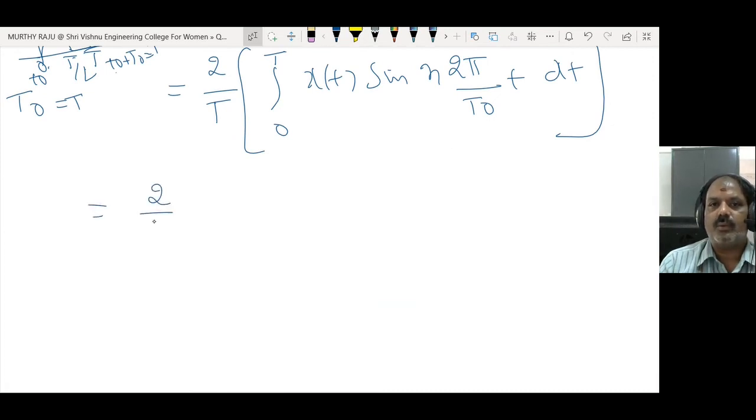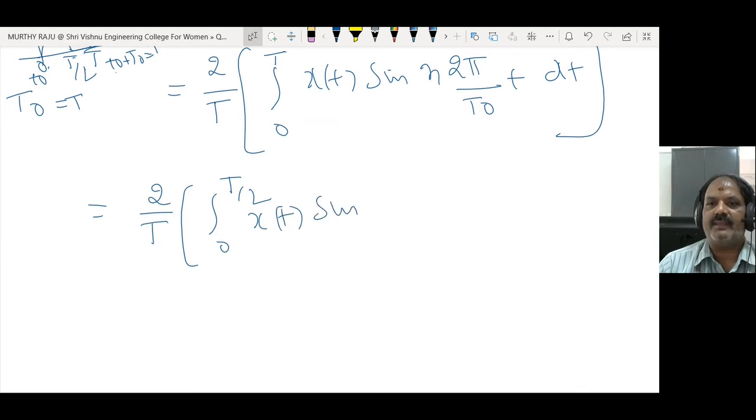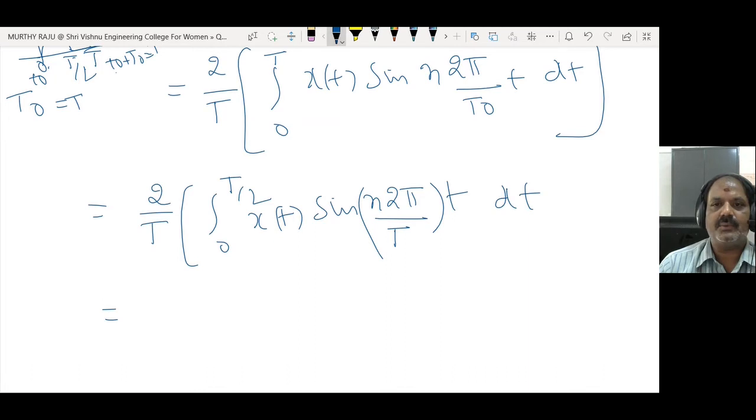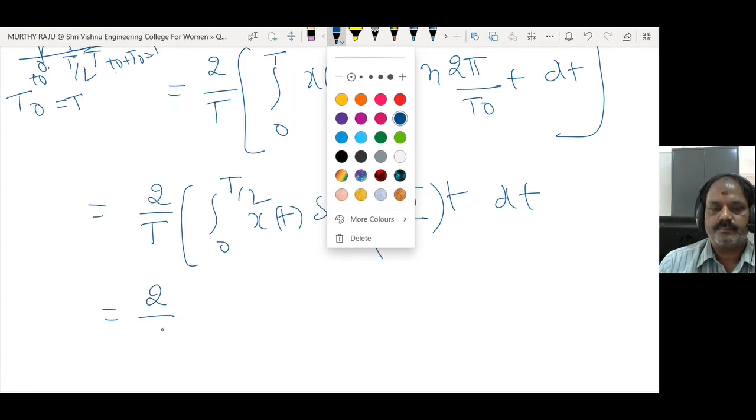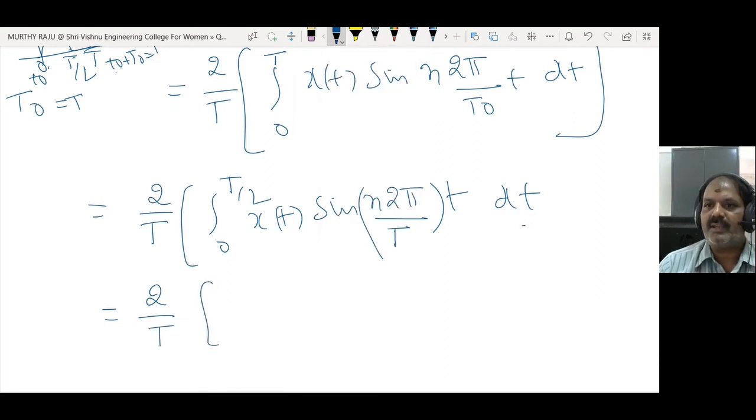That is equal to 2 by T, integral 0 to T, of x of t sine n 2 pi by T naught t dt, where the time period of the waveform is T naught, that is capital T. That is equal to 2 by T. One more integral is also there, T by 2 to T, where the value is 0.